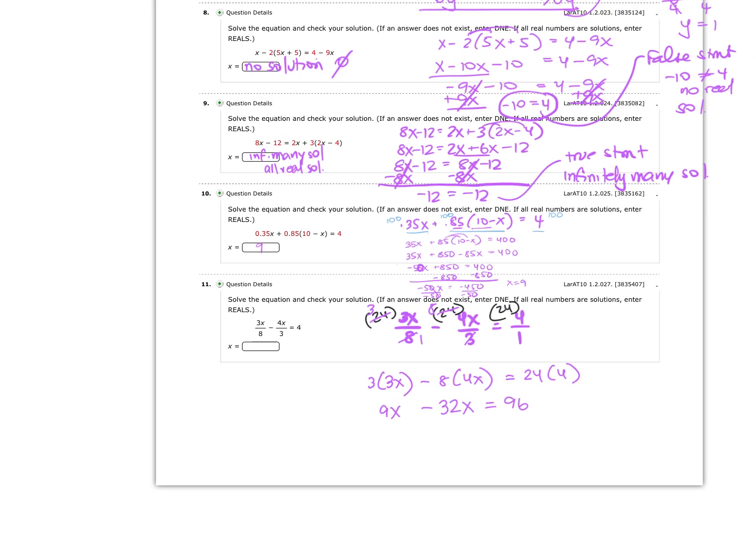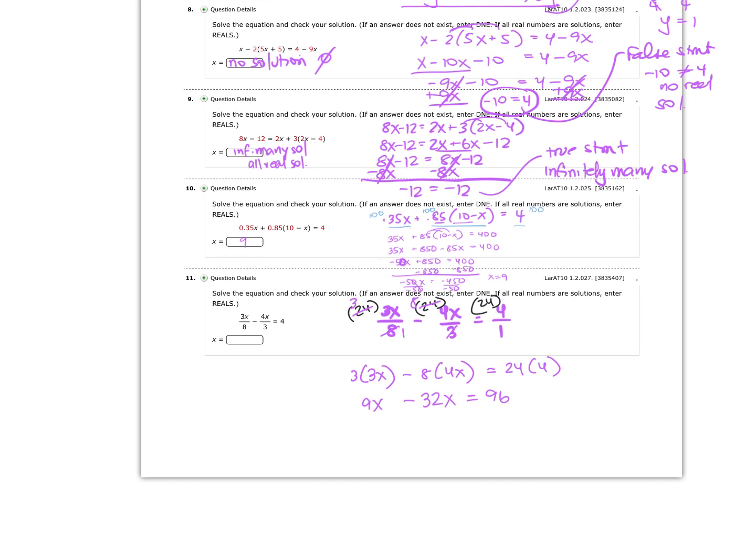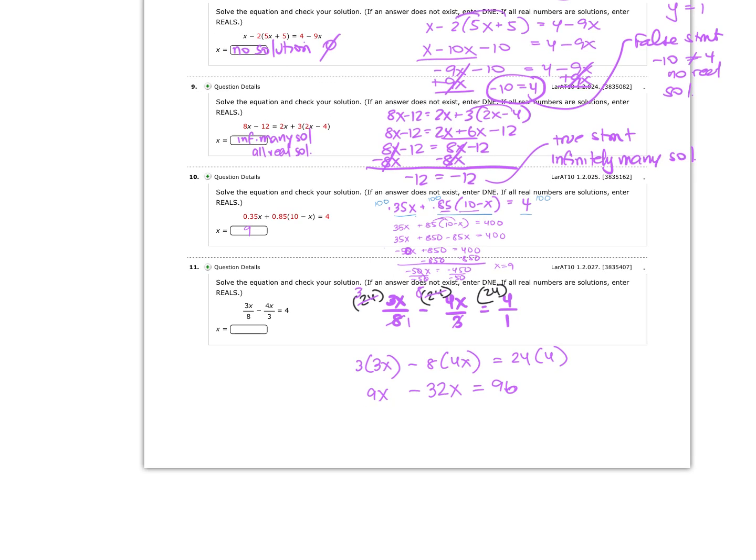And this is going to be a lot easier than doing the math the other way, in my opinion. So now I notice I have to combine these terms here on the left, and I'm going to end up with a minus 23x equals 96, and then I'm going to divide both sides by minus 23.